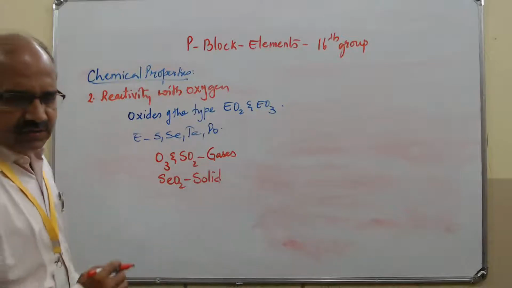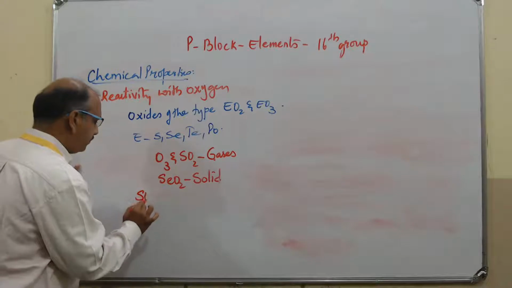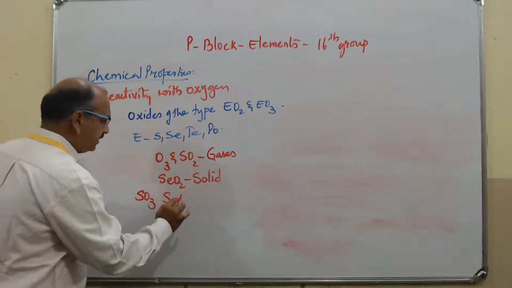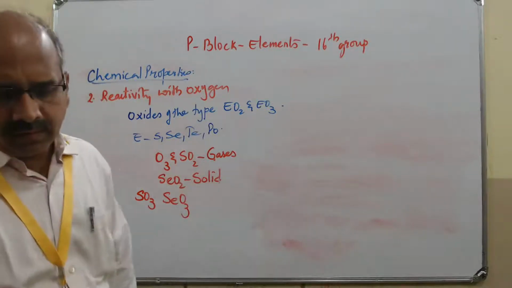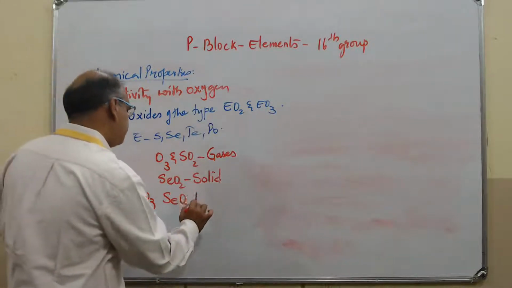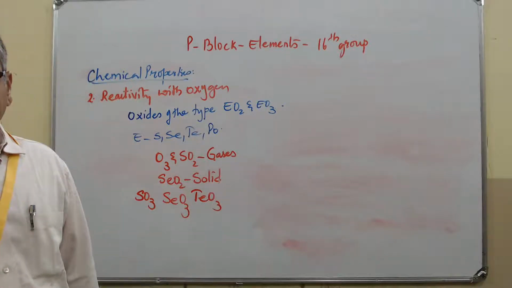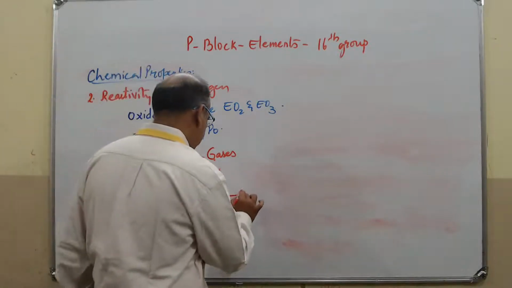If you take the trioxides of the type SO3, SeO3, then TeO3, all these trioxides are acidic in nature.